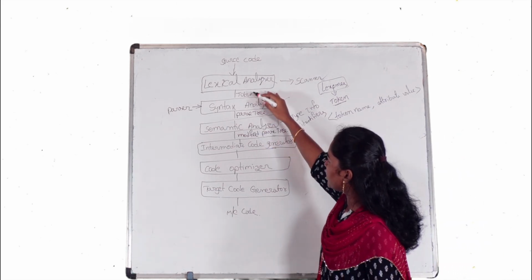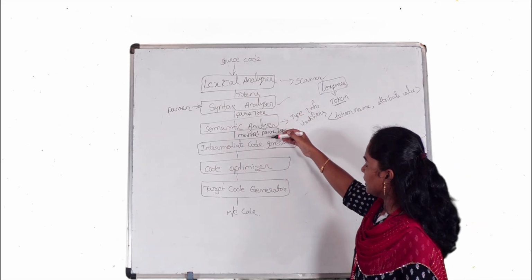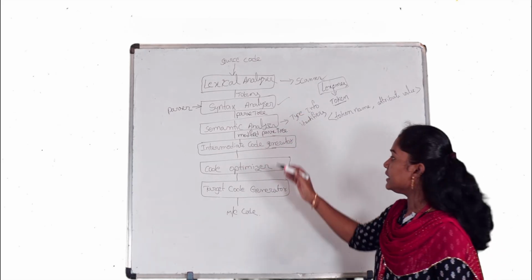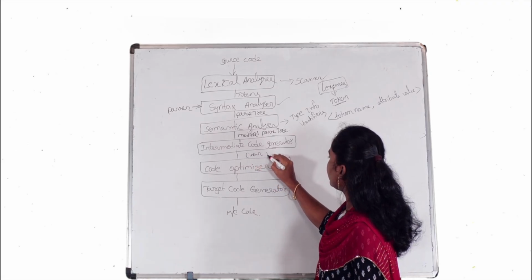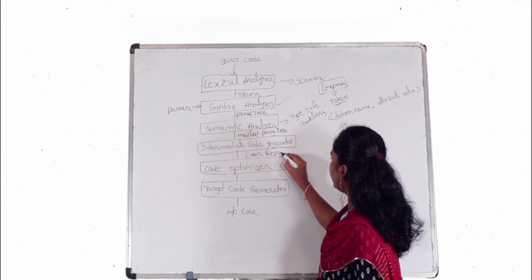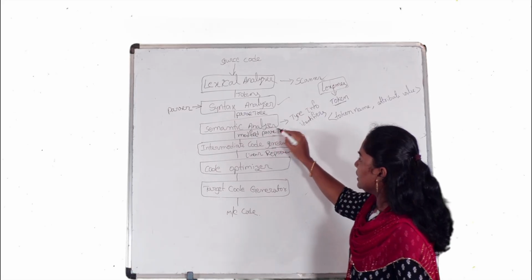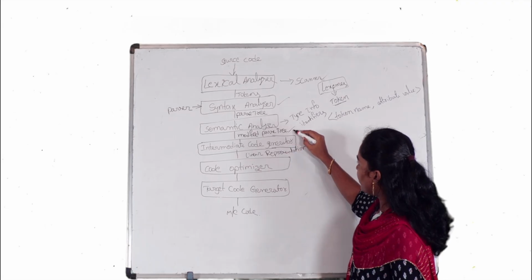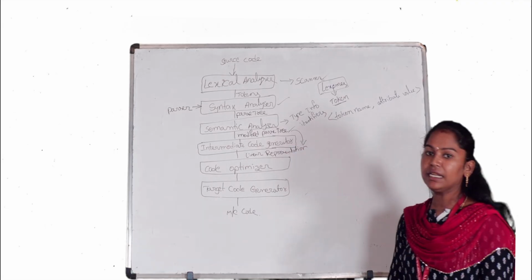Whatever the parse trees we generated are the input for the intermediate code generator, and it will transform them into a linear representation. Before it is a tree representation, so the intermediate code generator will modify this parse tree into linear representation.